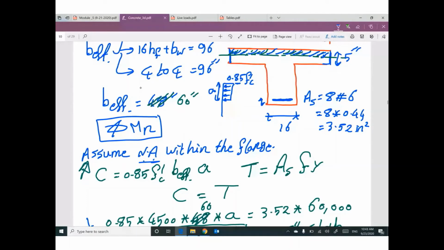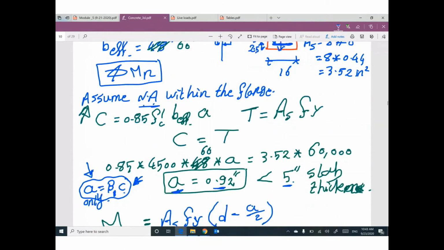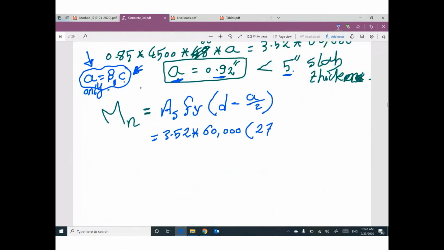Let's do 2.5, and the total depth is 30, so this depth will be 27.5 minus A divided by 2.